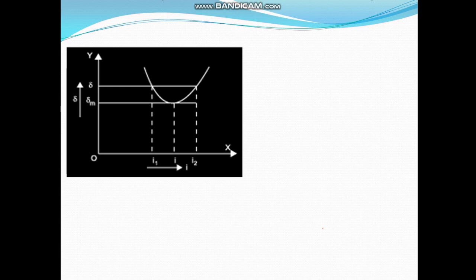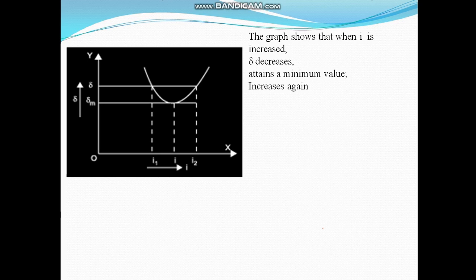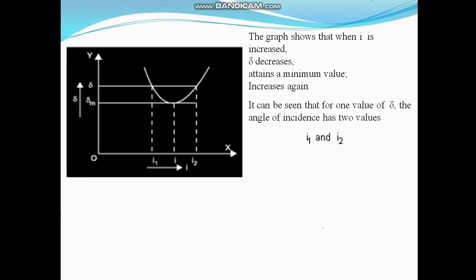Now this is the graph again, and it shows that when I is increased, del decreases. So I has increased, del decreases, attains a minimum value and increases again. Now observe the graph carefully, and what will you find?